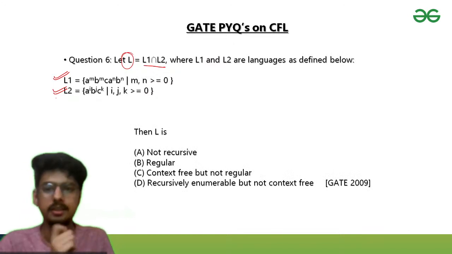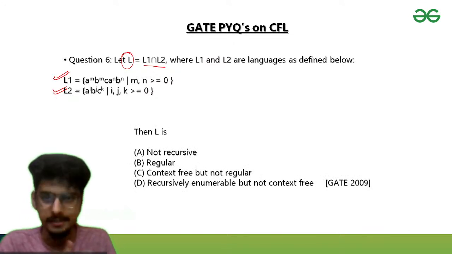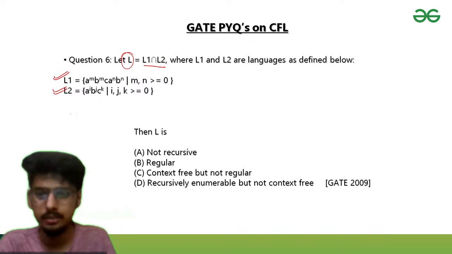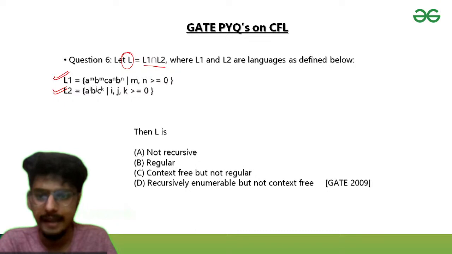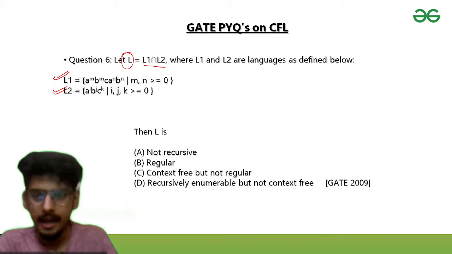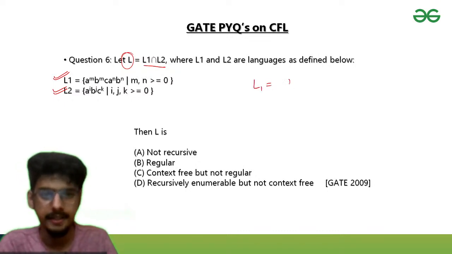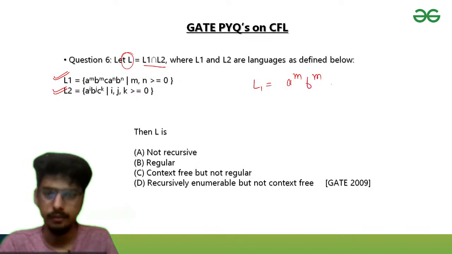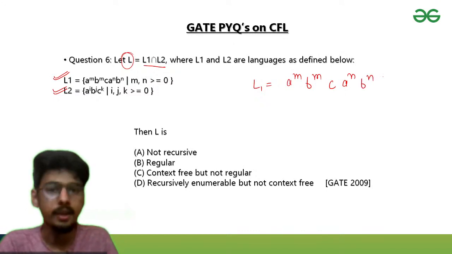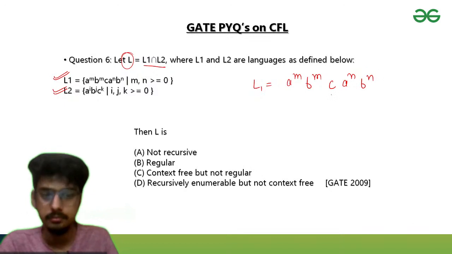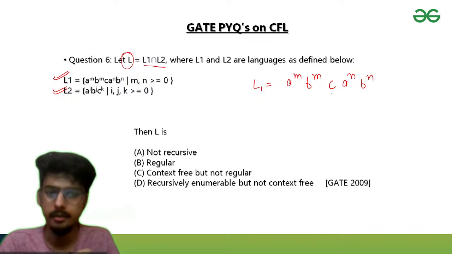We will determine what L is by checking what L1 and L2 individually are. In case of L1, I have a^m b^m, then in the middle a c, then a^n b^n.